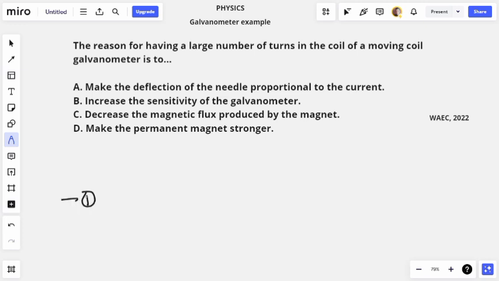This is a galvanometer, this is the circuit symbol of a galvanometer. Recall that in the construction of a galvanometer, this is the pin or pointer that is connected to a coil that is movable. This coil is placed in a magnetic field generated by two magnets.